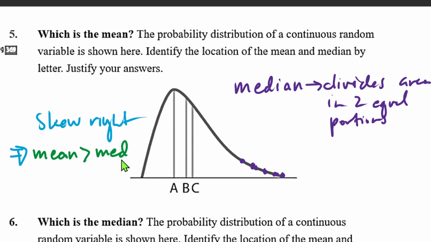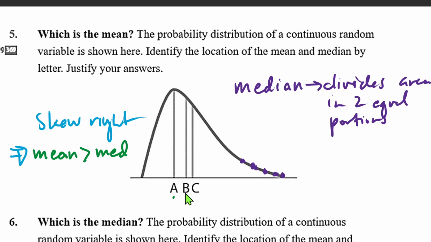All right, so what would we do next? To finalize this question, we have to decide what these 3 are. A cannot be the median because it does not divide them into equal portions. If I cut this in half, this is way too small compared to all of this area, which is way bigger.